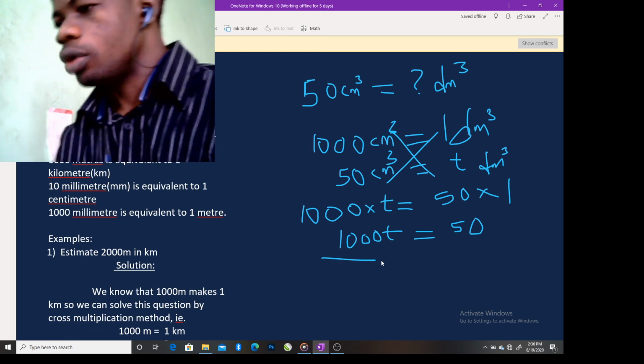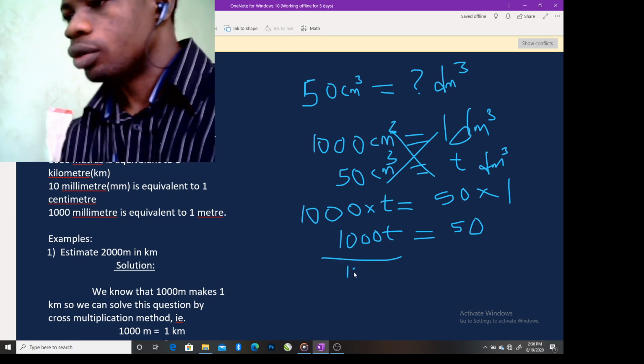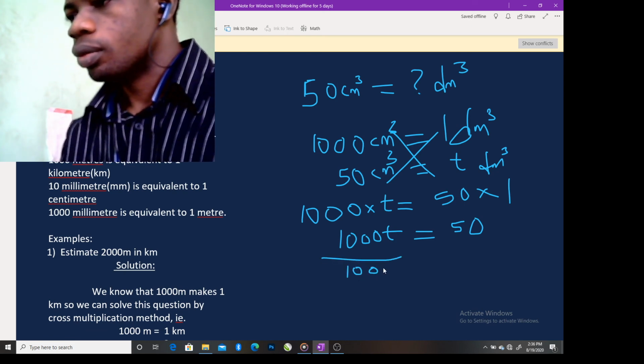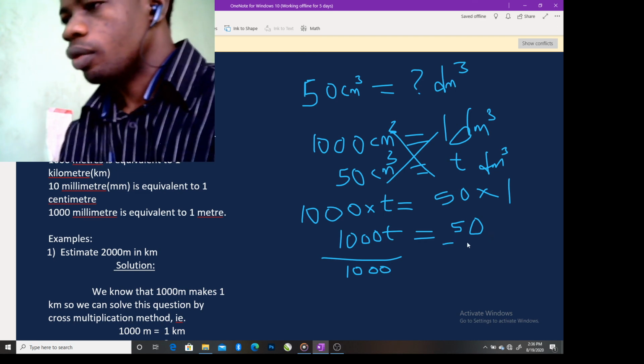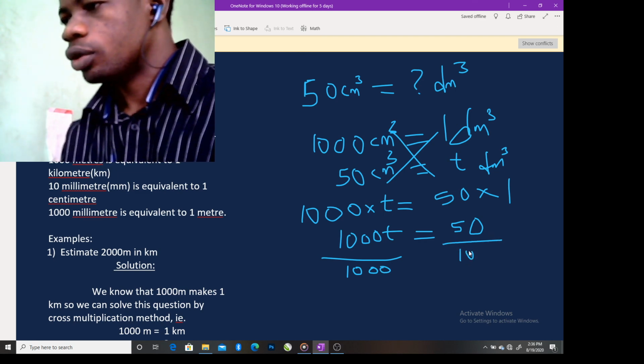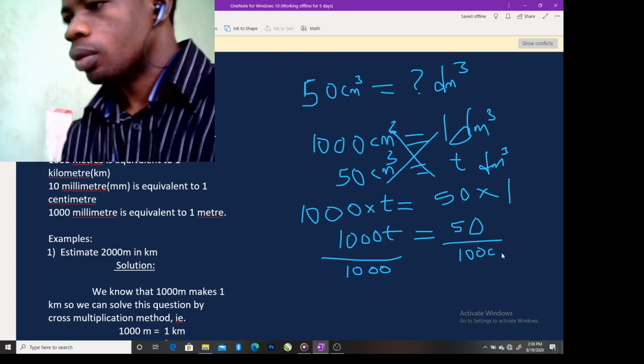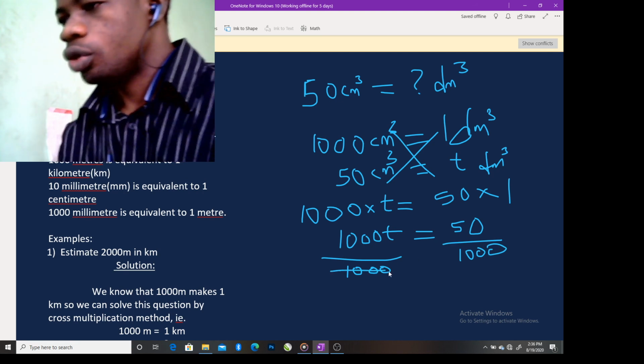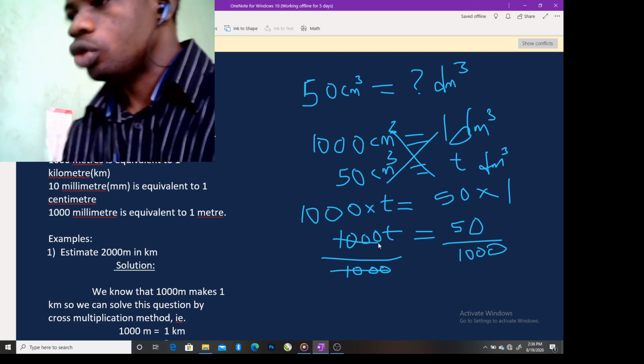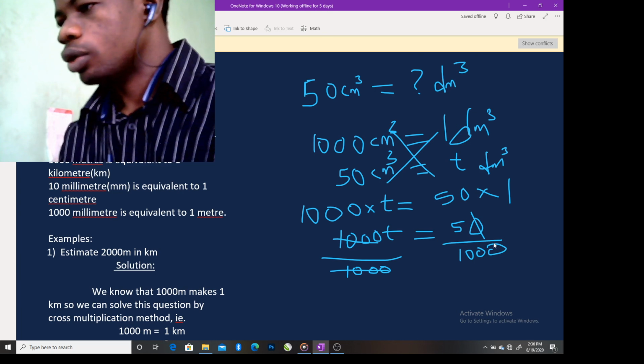What do you do? Divide each side by 1000. This will go, this will go. Cancel this 0.